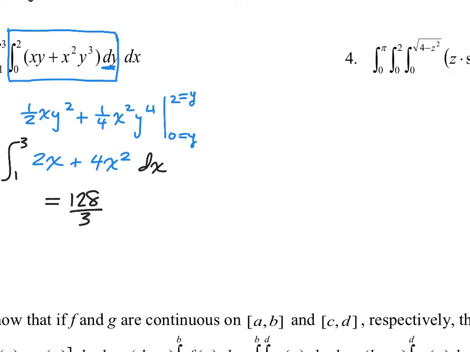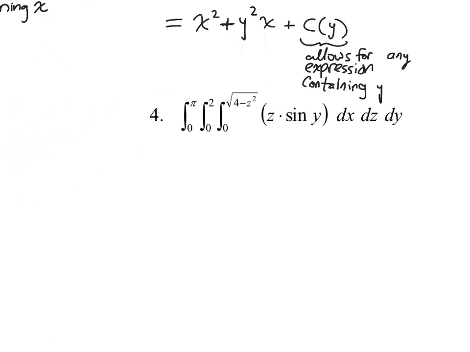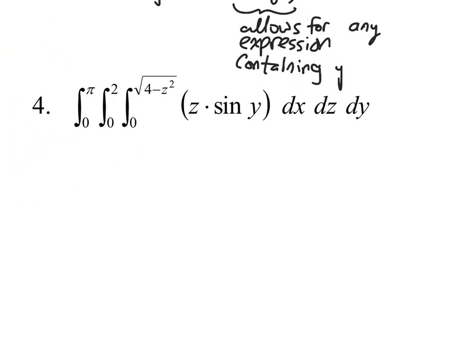Here, the ultimate goal is to get it down to a single integral so that you can get away from having to do stuff by hand. You're just buying yourself time until you can pop it into the calculator. So in the case of number 4, you look at that and say, okay, I have to do 2 things by hand, because I have to integrate with respect to x first. It's always inside out.